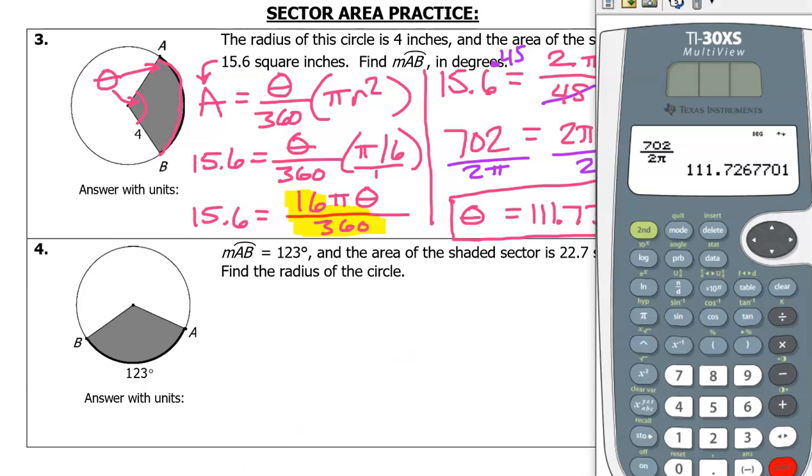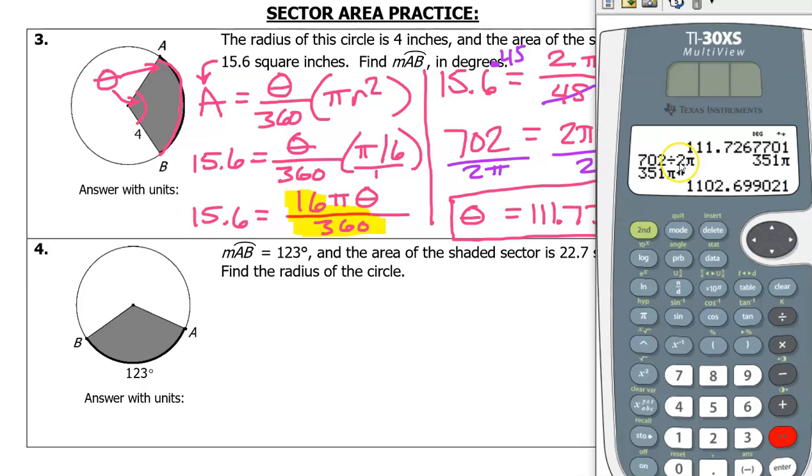But I need to point this out to you. Here's a common mistake. Some students will do 702, and then they'll go divided by 2 pi, and they will think they will get the same answer, but they won't. Even if I turn this into a decimal, that is way, way off. The problem is when you do 702 divided by 2 pi, you're really only dividing by the 2 because of the order of operations.